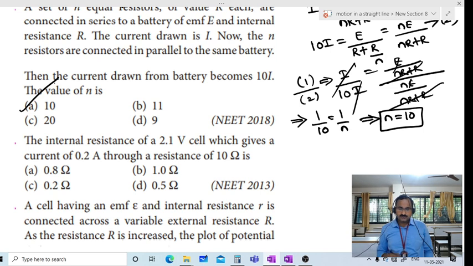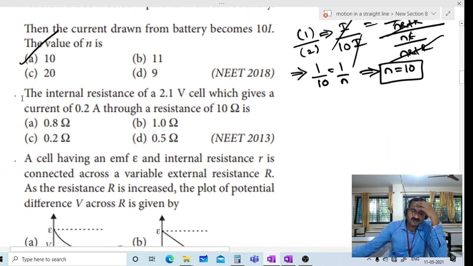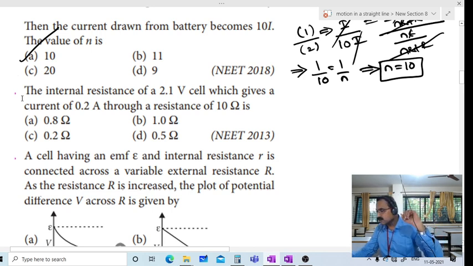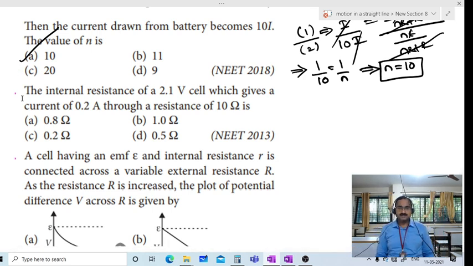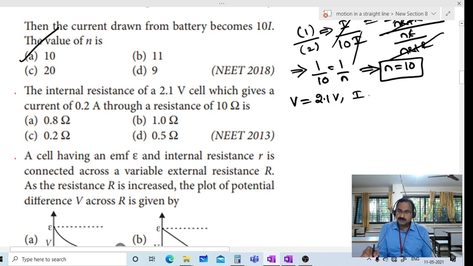You have to use the relation that is required for that. So to calculate the internal resistance, what formula are we applying? Voltage 2.1 volt, current 0.2 amperes, R is equal to 10 ohm.